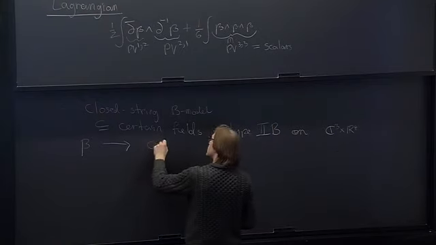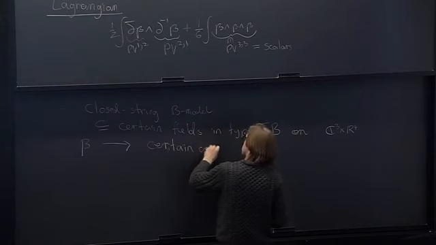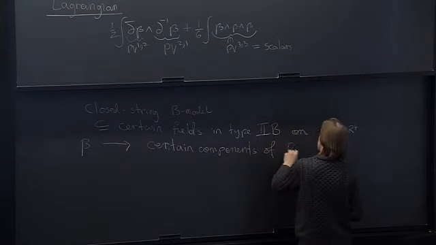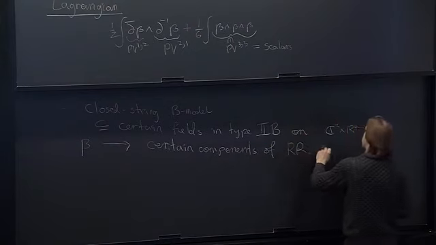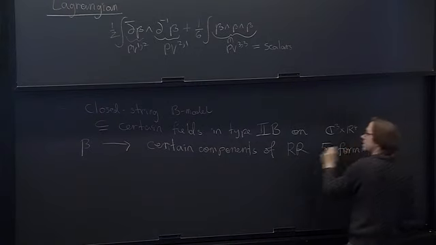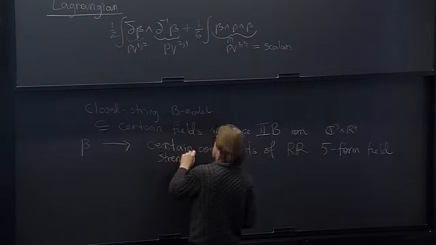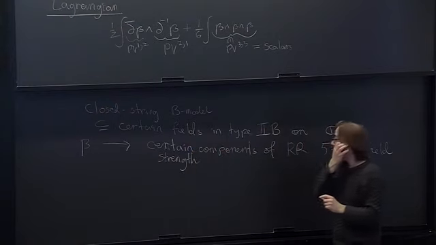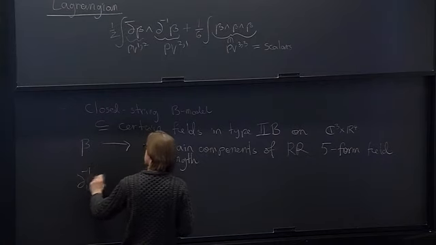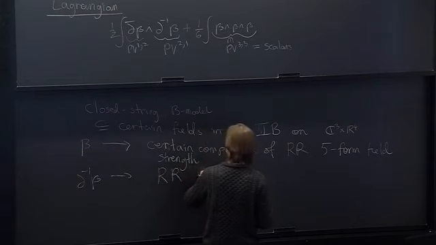So it's certain components of the Ramond-Ramond field strength. Now, inverse beta should correspond to something like the Ramond-Ramond 4-form.